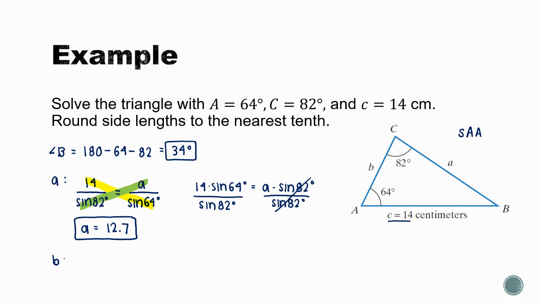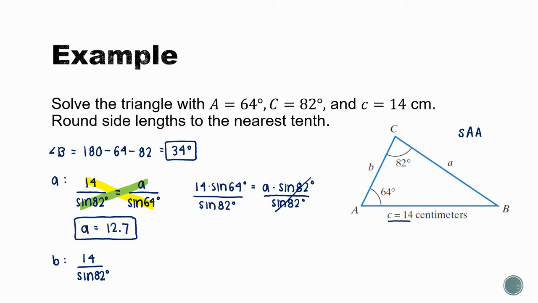The last missing piece of this triangle is side b. So that means that we are going to still use that very first proportion. I don't want to use the side that we just found because 12.7 is a rounded value. I want to be as exact as possible until I have to do the rounding at the very end. So I do want to consistently use this first proportion, or this first fraction right here.